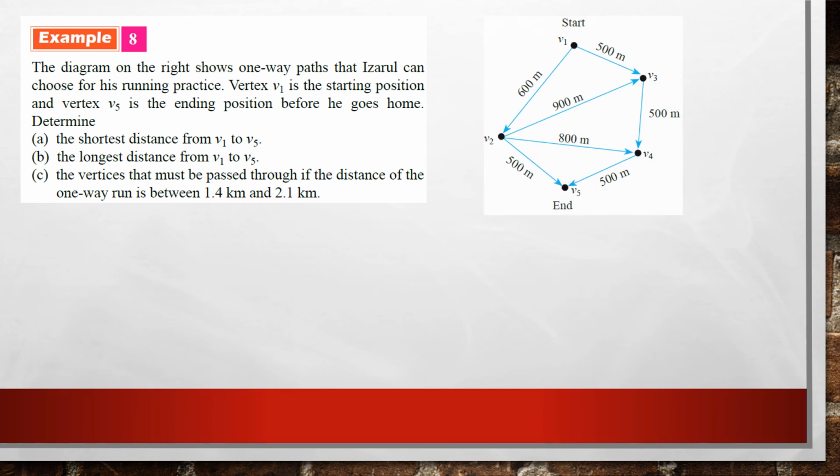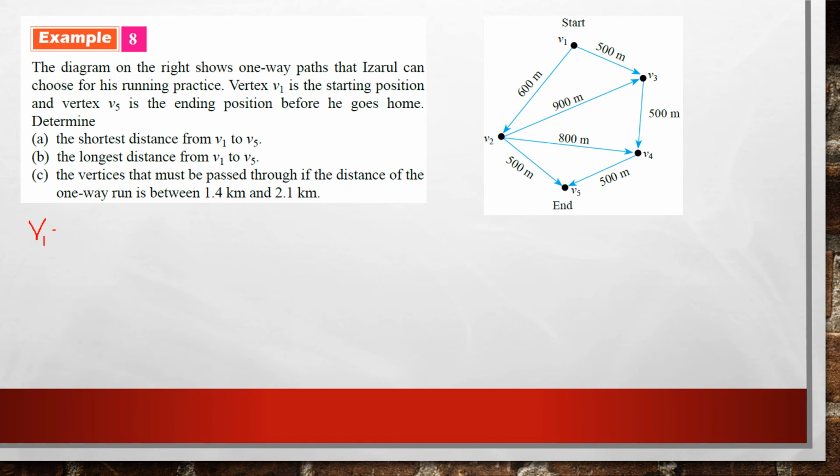So now we look at the diagram given. You have the vertices V1, V2, V3, V4, V5. The question asks for the shortest distance from V1 to V5 and the longest distance from V1 to V5. So before you find the answer, you must know the ways from V1 to V5. How many ways do you have?